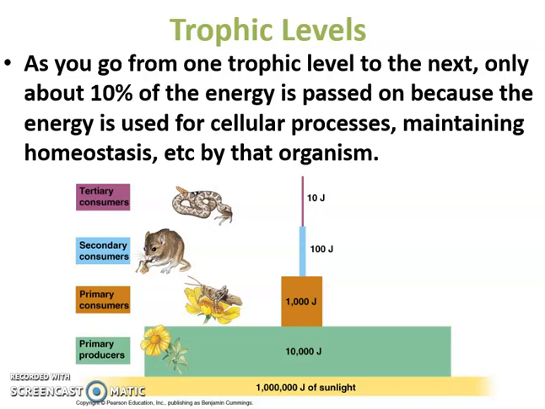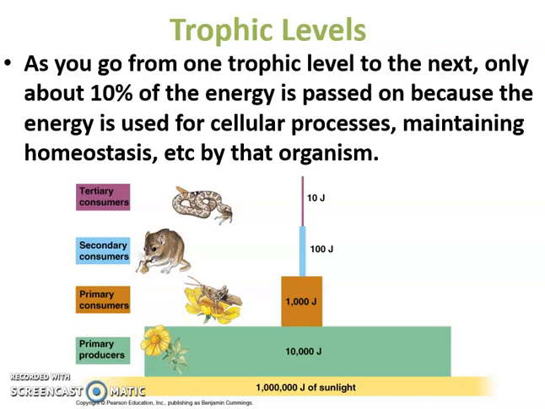Now, what does this all mean? Here's what I want you to think of. When you were little, let's say you had an ice cream cone. How much of that ice cream cone is still left in your body? The answer is not very much. You have used that energy for yourself, doing things like walking, maintaining homeostasis, eating more food.